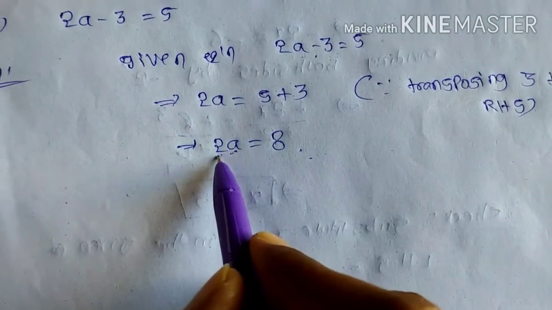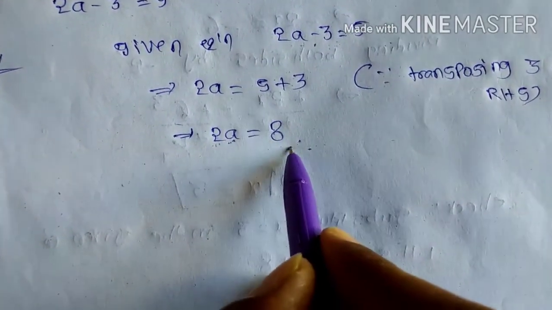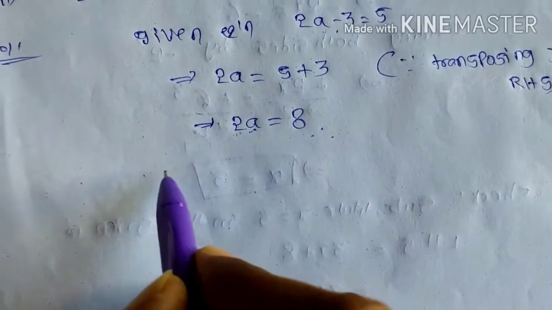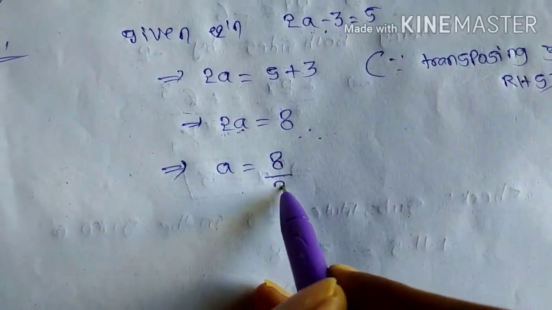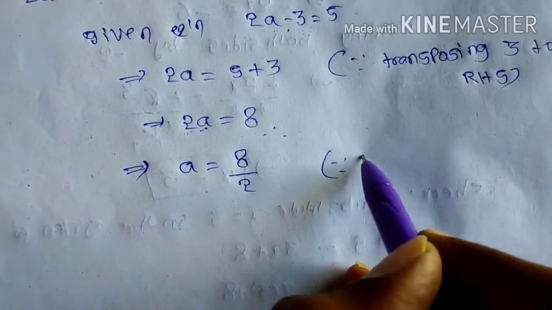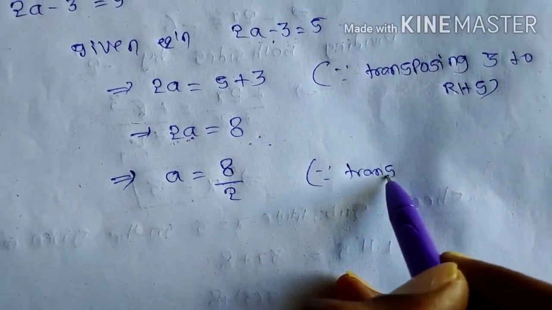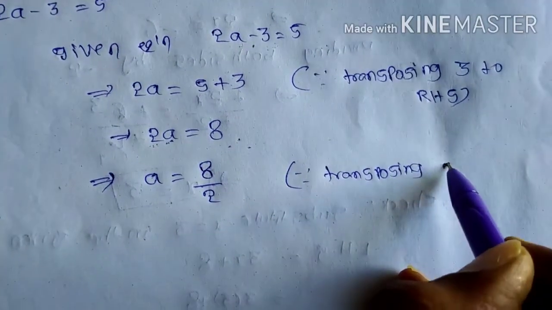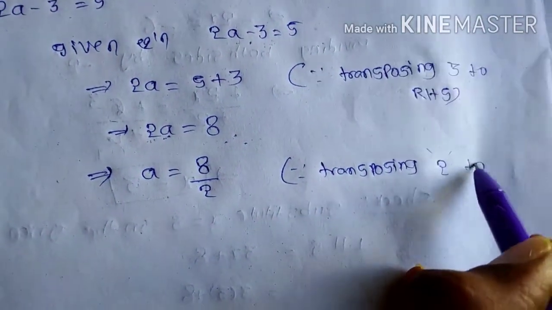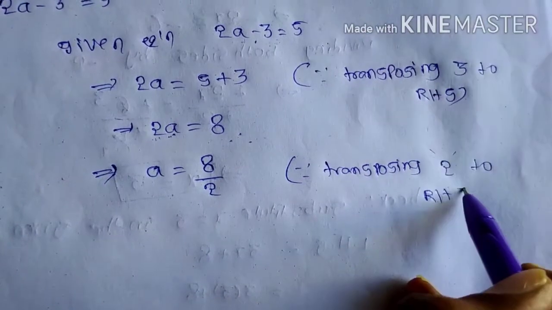If it is multiplying, if I am transposing to RHS, it will become division or not? Yes. So you can write here a is equal to 8 by 2. In the brackets you can write transposing 2 to RHS.